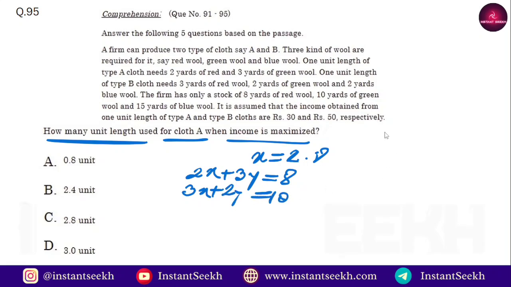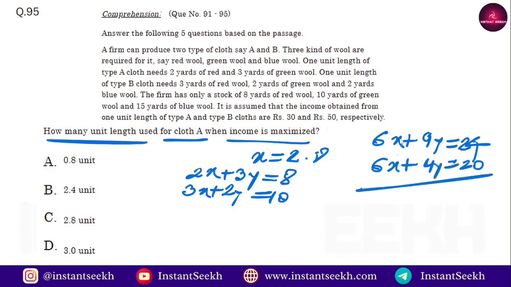So if we multiply, let's say, the first equation by 3, that gives 24, and the second equation by 2, that will give us 6x plus 4y, and this becomes 20. So straight away this cancels, 5y equal to 4. So your y becomes 4 by 5, right?